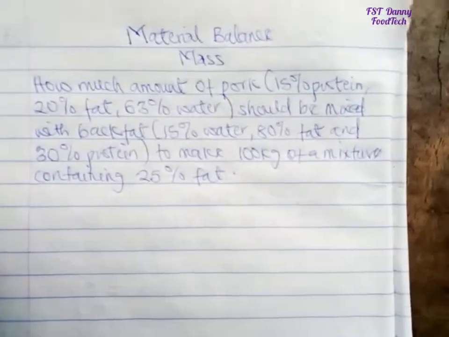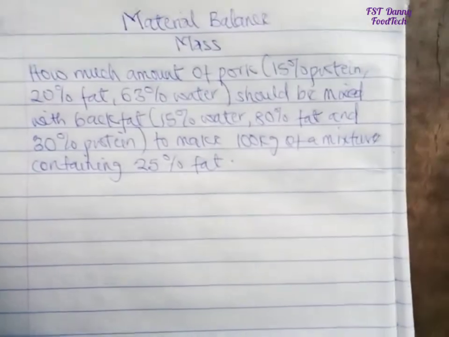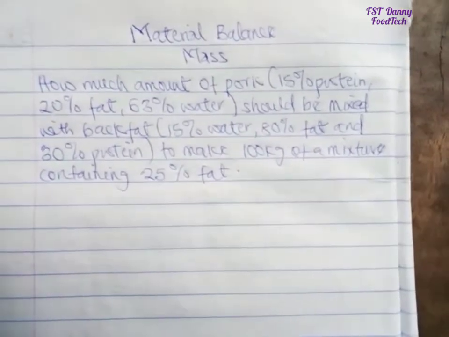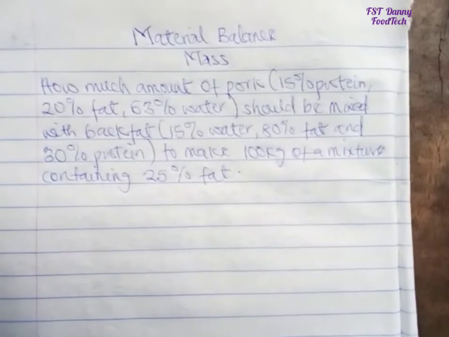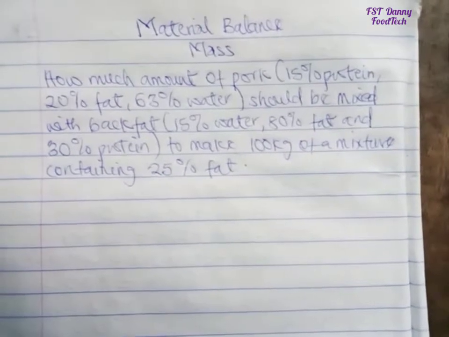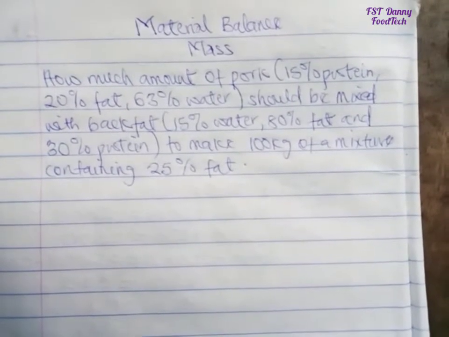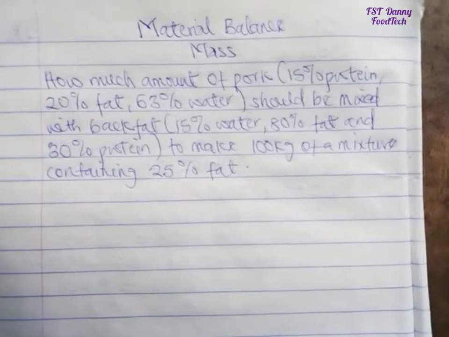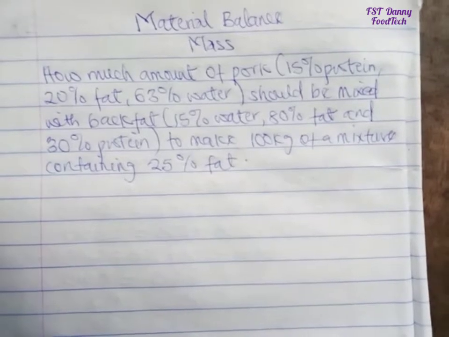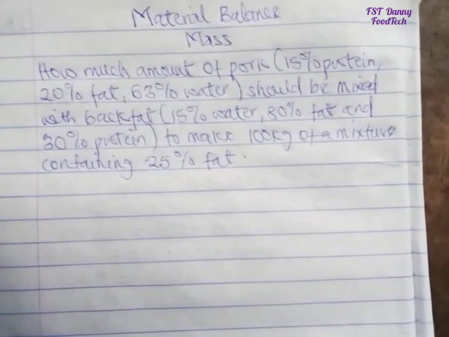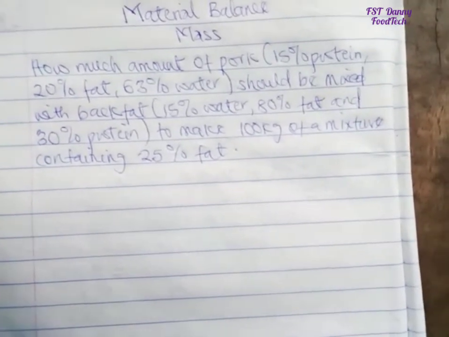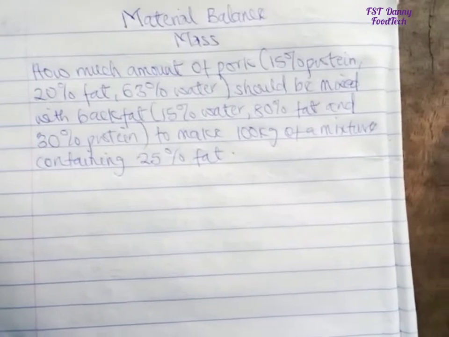So now the question in complex says how much amount of pork that is of 15% protein, 20% fat, 63% water should be mixed with back fat containing 15% water, 80% fat, and 30% protein to make 100 kg of a mixture containing 25% fat.